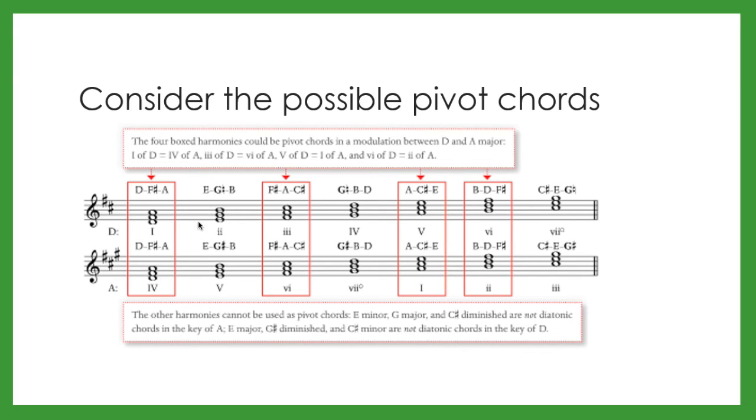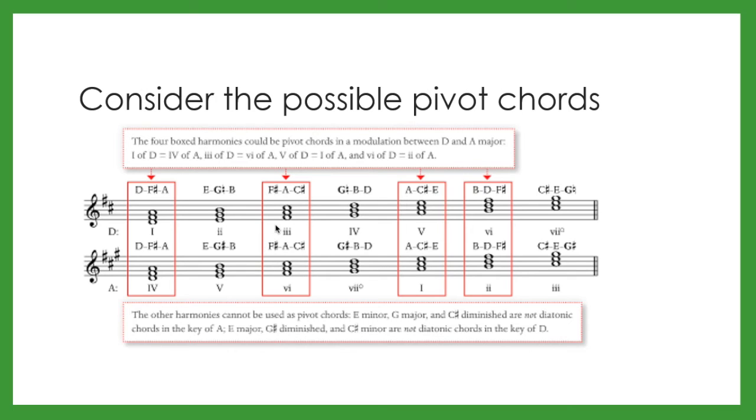And then here we have E, G natural, and B, because there is no G sharp, but here in A major, since we have a G sharp, it becomes E, G sharp, B. So this is a minor 2, but this is a major 5.